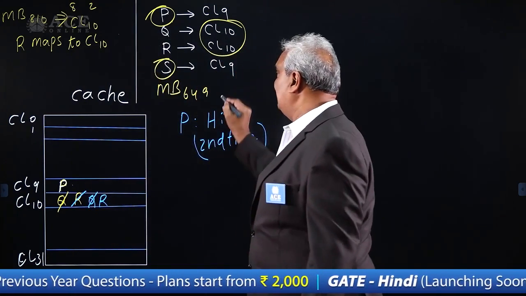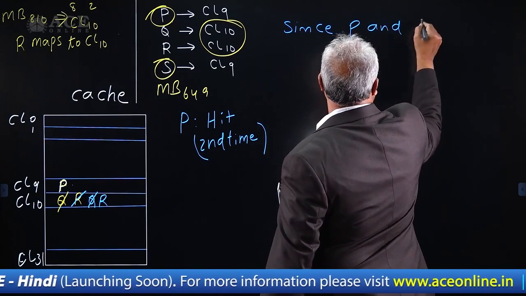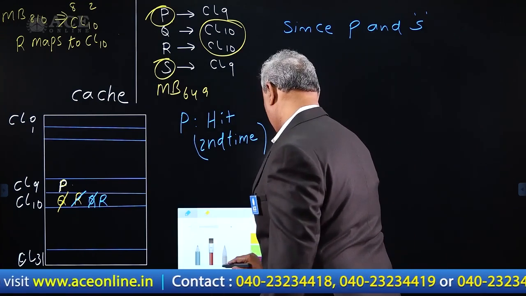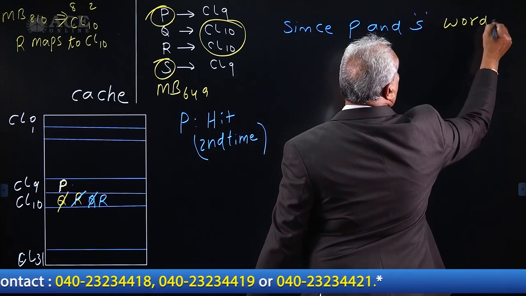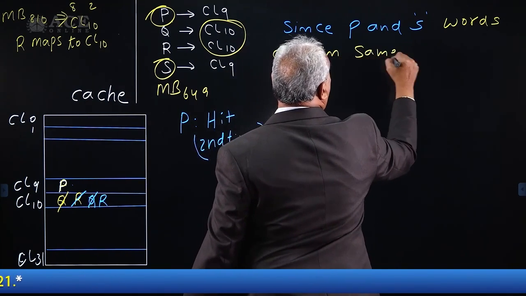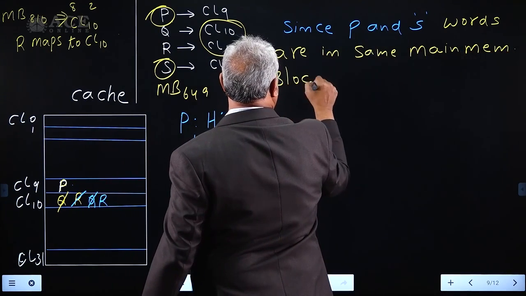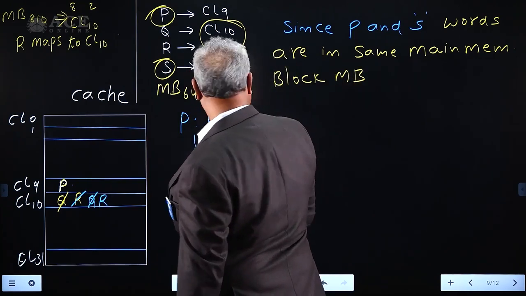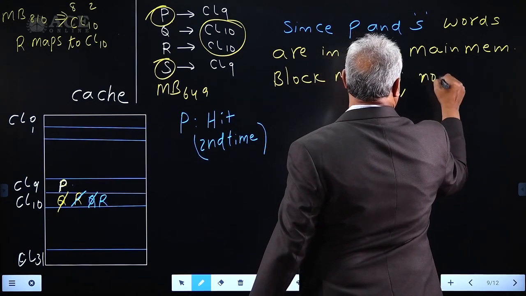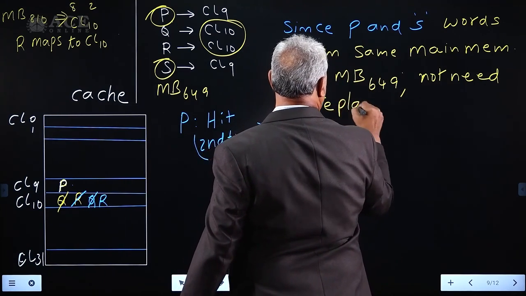Since P and S words are in the same main memory block, MB 649, there is no need to replace or evict.